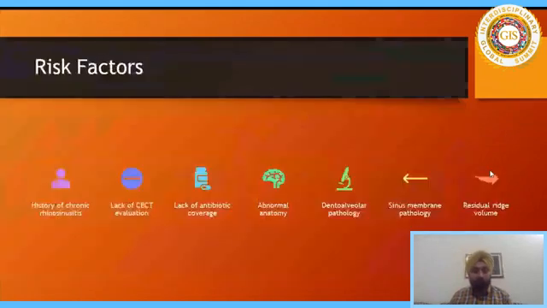The risk factors are: if a patient has a history of chronic sinusitis, you don't go for a CDCP, and you don't put the patient on antibiotic coverage. If you fail to recognize the internal anatomy of the sinus, such as the bone peaks, that could lead to a tear of the membrane.